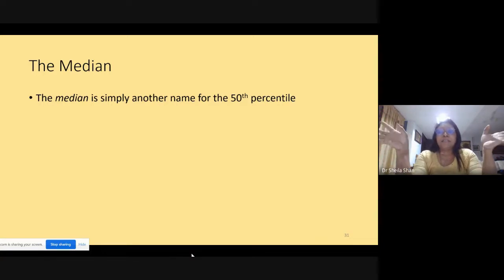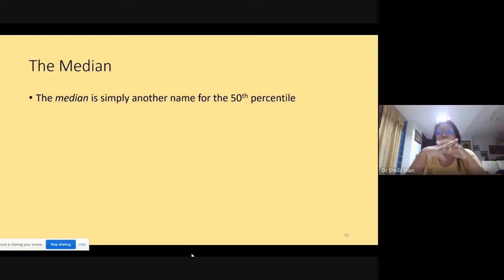If we have 30 samples, let's say you want to find the average age of the patients who come to visit the PIDC clinic. You take all the 30 patients' ages, then you divide by the number of patients.